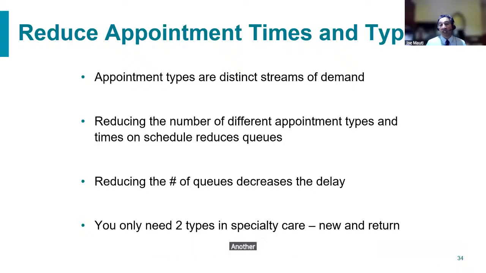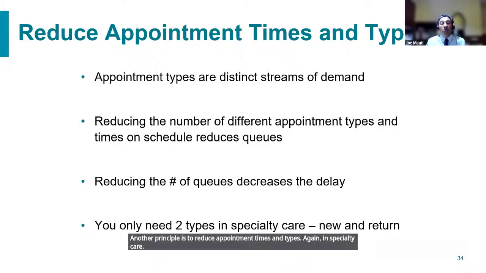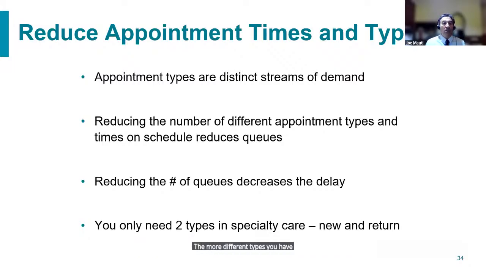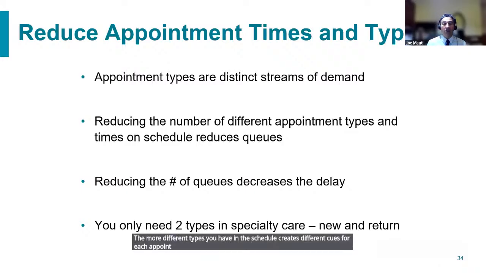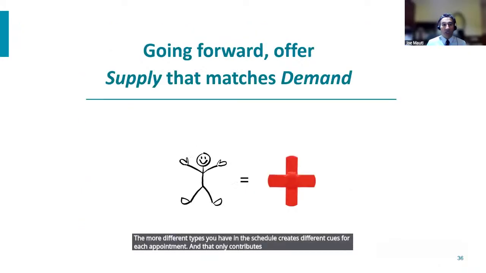Another principle is to reduce appointment times and types. Again, in specialty care, I recommend you only have 2 types of appointments in your schedule, a new visit and a return visit. The more different types you have in the schedule creates different queues for each appointment, and that only contributes to the overall delay.